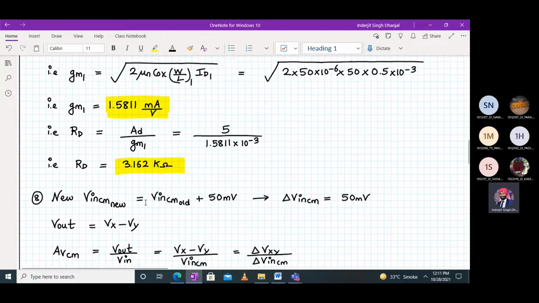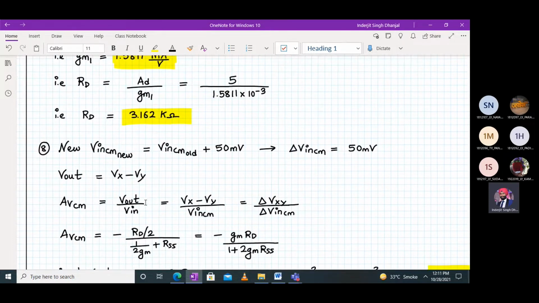But Vout is equal to Vx minus Vy, and your common mode voltage gain is given by Av,CM, which is Vout upon Vin, nothing but Vx minus Vy upon Vin,CM. Vx minus Vy we can write as delta Vxy.